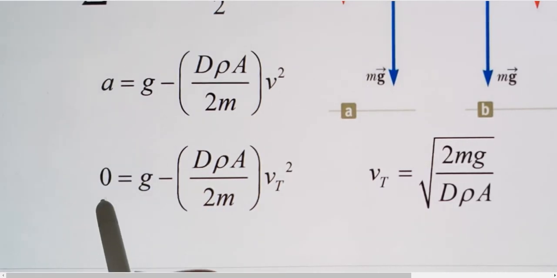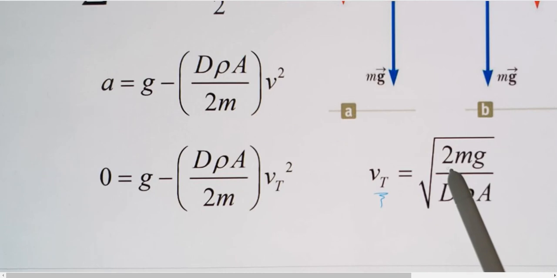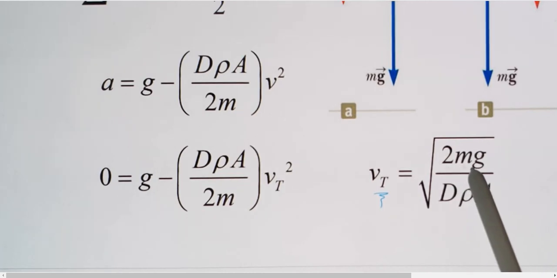So we end up with a terminal speed equation, which is equal to the square root of 2 mass of the object multiplied by g, over drag coefficient, density of the air, and area cross section, which is perpendicular to the direction of motion, perpendicular to velocity.